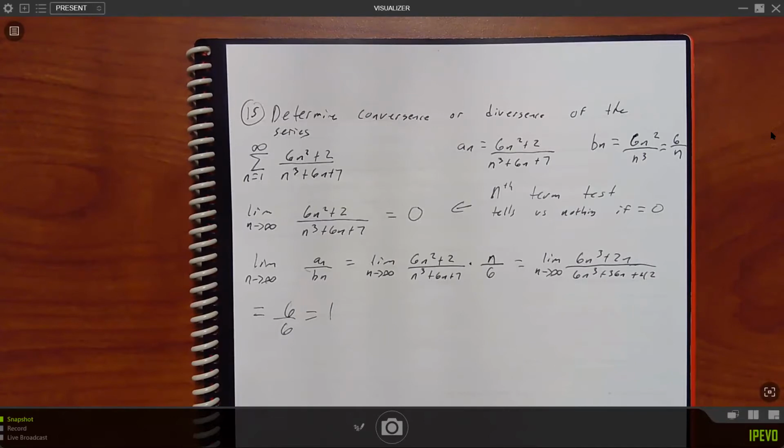They both diverge or converge, or what does it say? Converge or diverge. Okay, so if the limit is finite, right, then both converge or diverge.